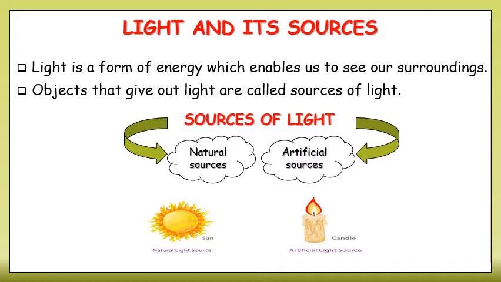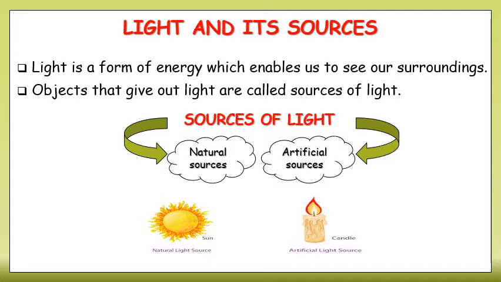And this energy which we receive from light is important for the existence of life on the earth. For example, you all know that green plants prepare food by photosynthesis with the help of the energy of light and give out oxygen that we breathe. So you can say that light is important for the existence of all living things.